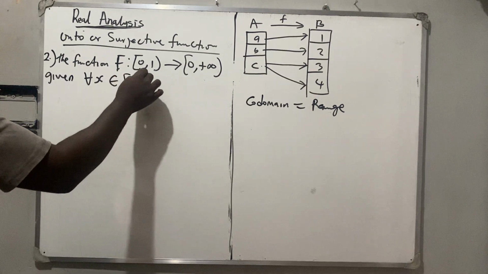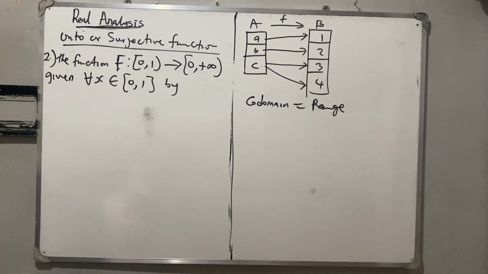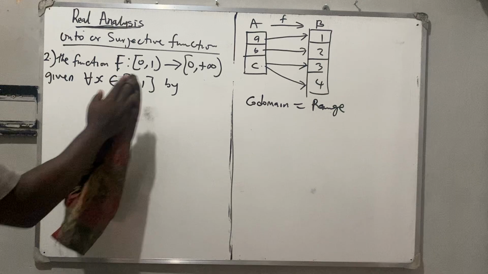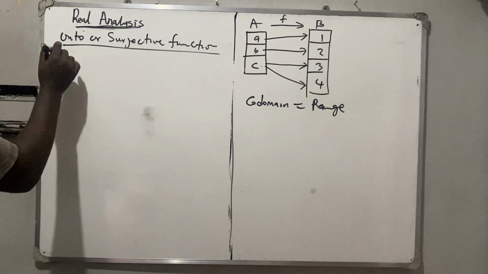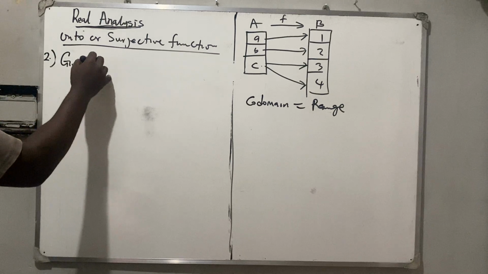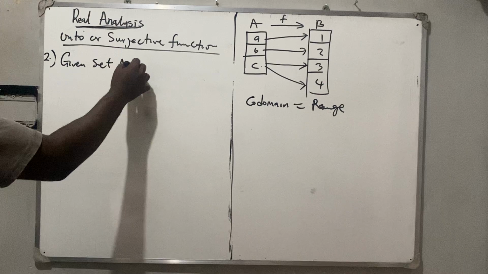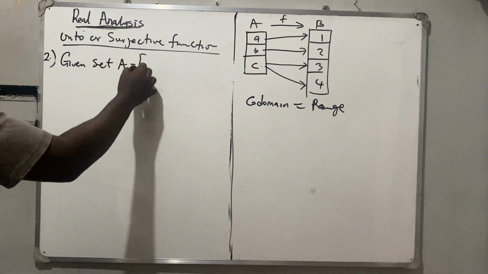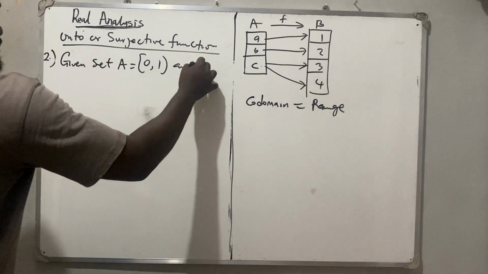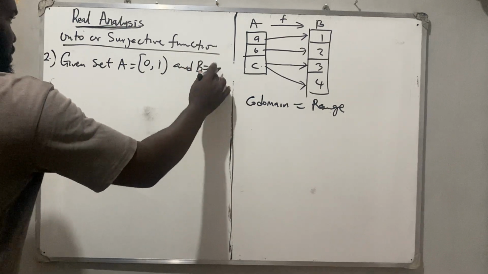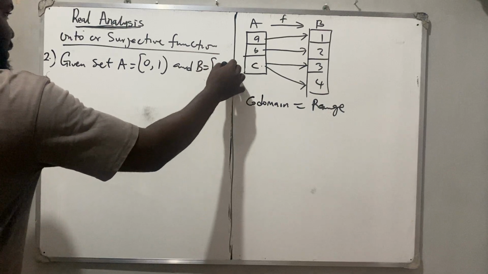Let me write this very well. Let me write it as: given set A, which is equal to (0, 1), like this, and set B, which is equal to (0, positive infinity).